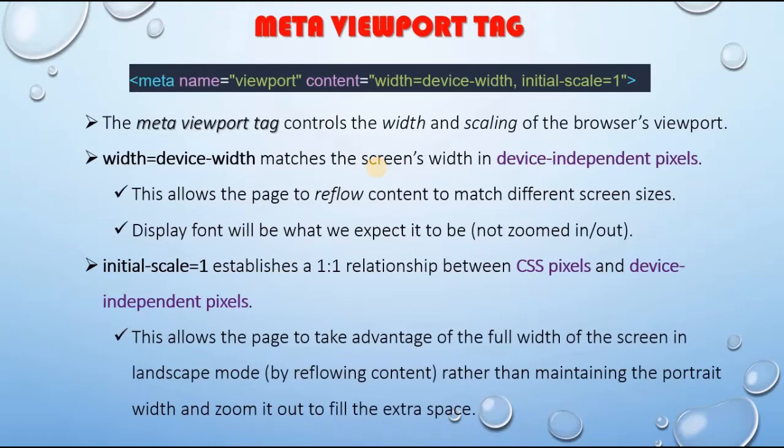But this initial scale equals 1, I may say it's a bit of a hack, in that some browsers, when you turn from portrait to landscape, instead of reflowing the content to fit the extra space available, they instead keep the portrait width and then zoom it to fill the landscape space, which is not what we want.